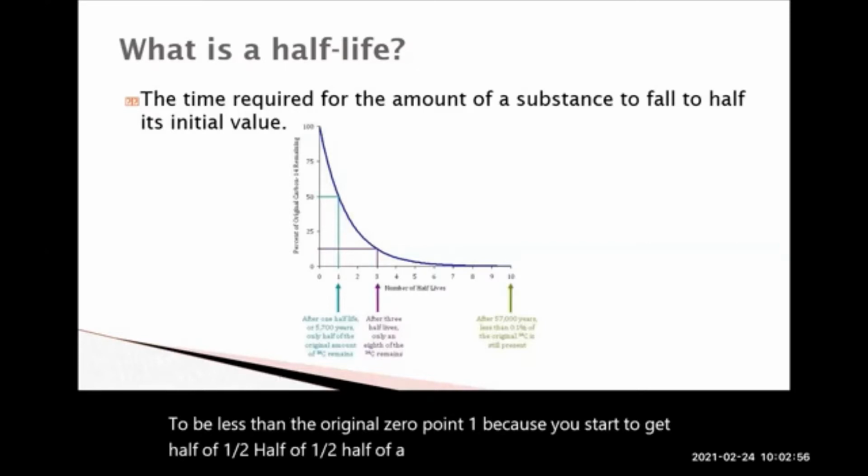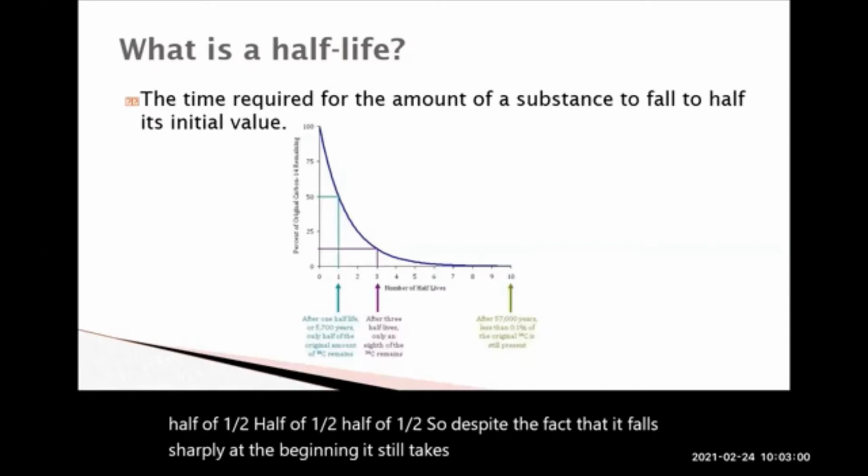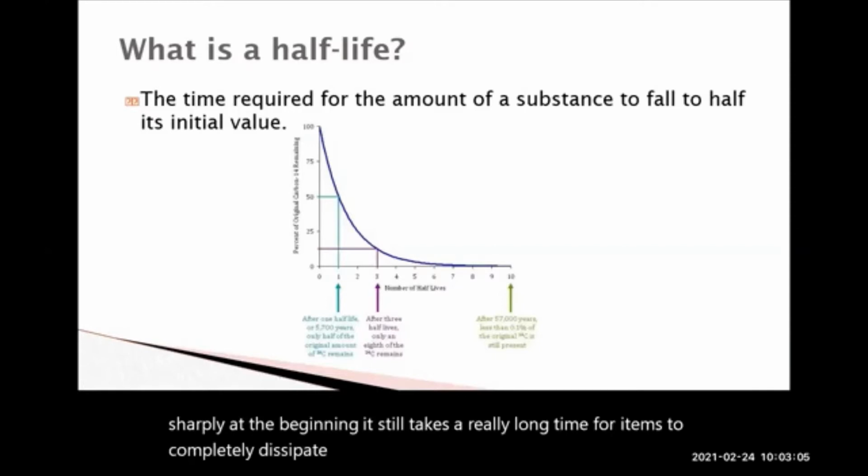So despite the fact that it falls sharply at the beginning, it still takes a really long time for items to completely dissipate, because you're just taking half of whatever amount is there.